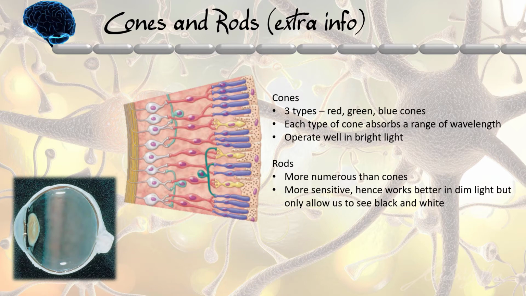They can absorb light of a wide range of wavelengths, just that they are more sensitive to red, green, and blue light respectively, depending on which type of cone they are. They operate well in bright light, while rods are more numerous and more sensitive, so they can work well in dim light, but they will only allow us to see in black and white.